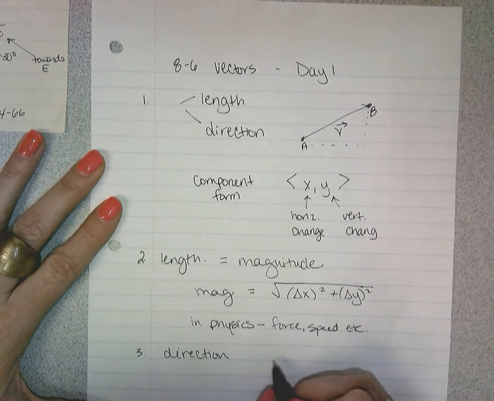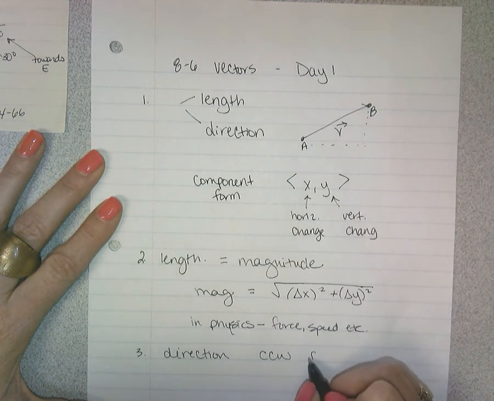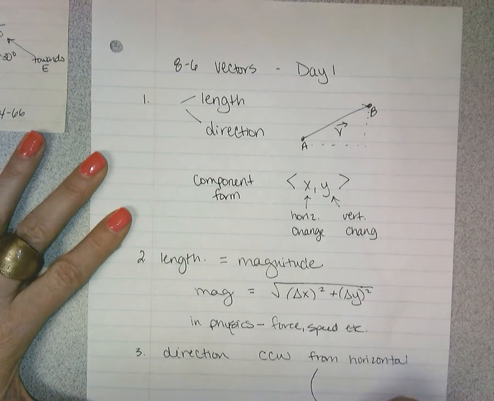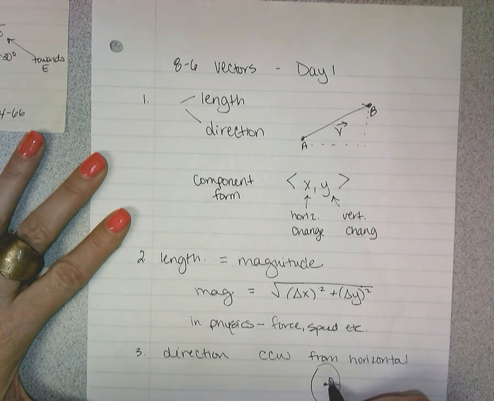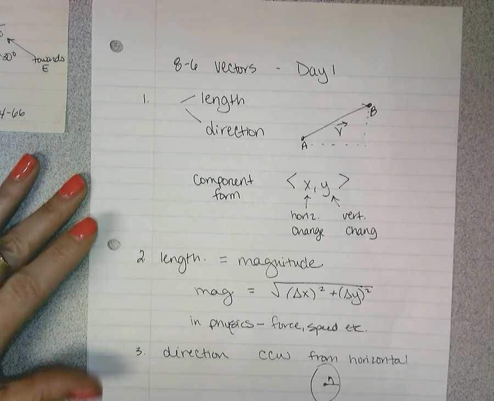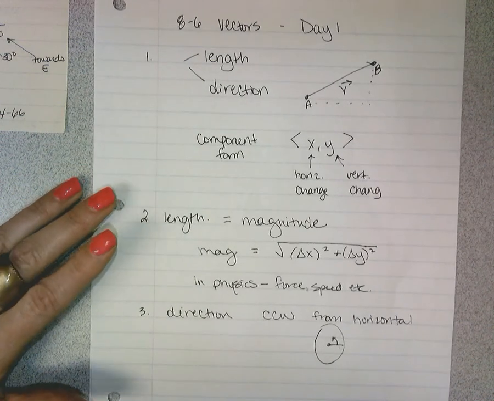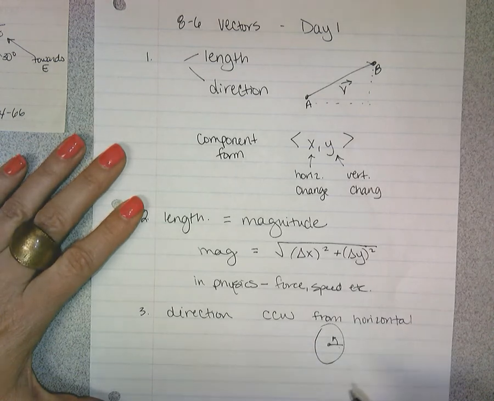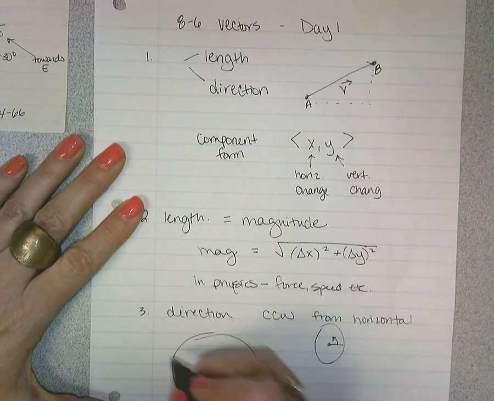Okay, it's measured counterclockwise from the horizontal, just like degrees. So I'm measuring that direction for the angle that I'm going to have counterclockwise off of the horizontal. So what you can imagine is, draw a bigger circle here.